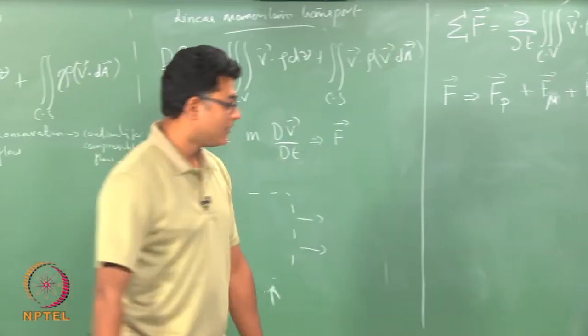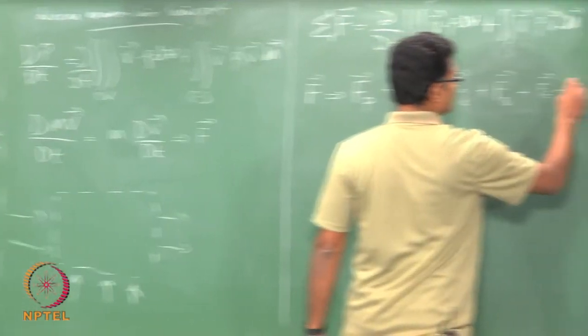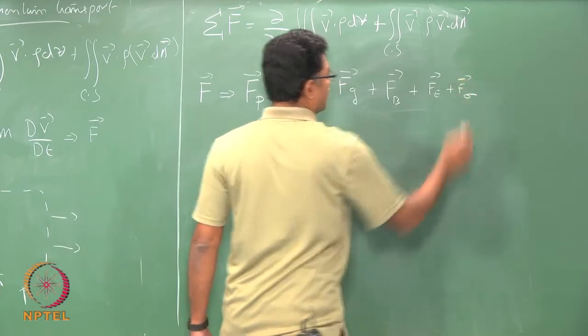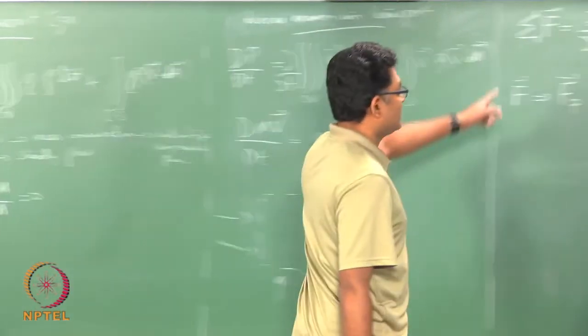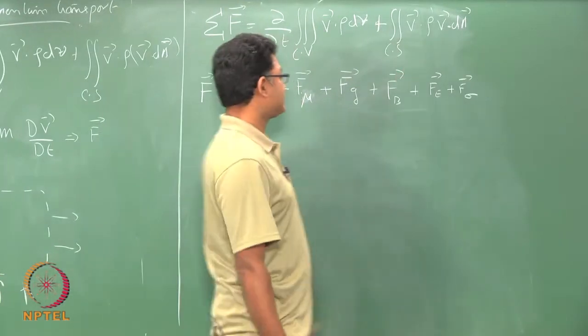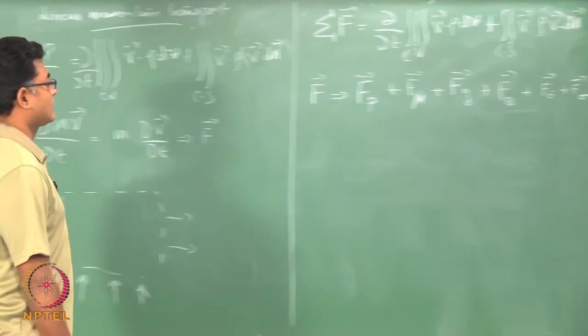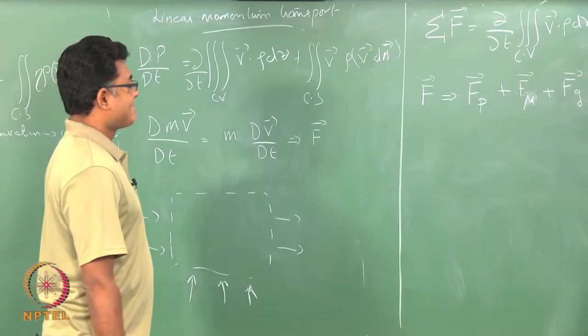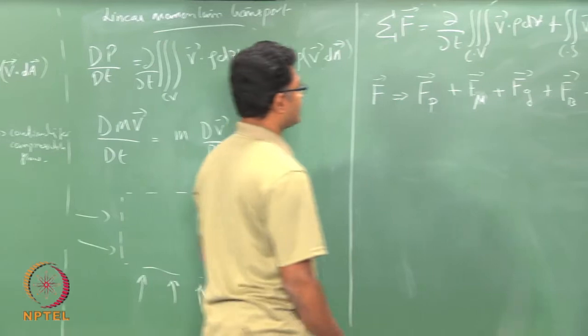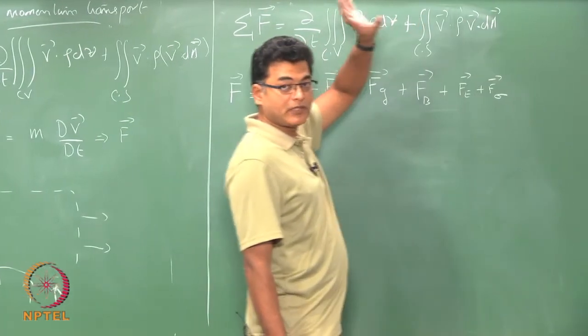You can also have surface tension force. All sorts of forces when you add should balance this equation. Okay, so you have an unsteady part and you have a convective part.